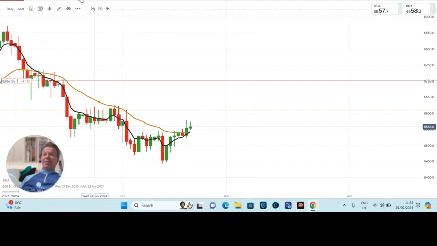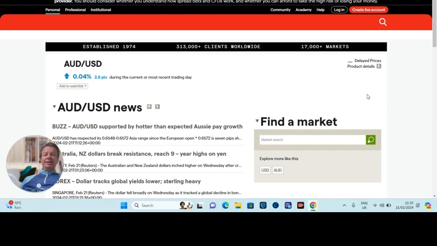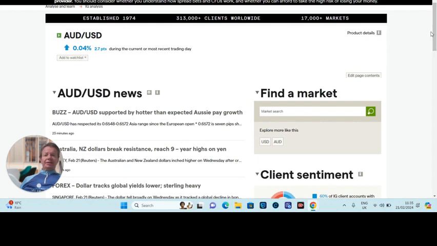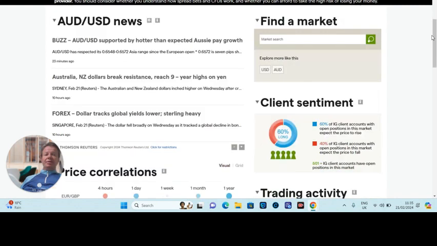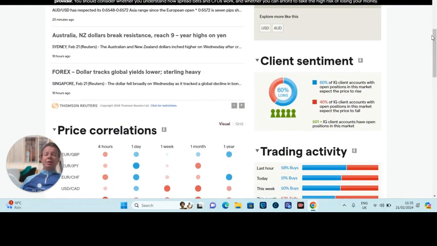There is another indicator I sometimes use. I sometimes look at the market data. So you've probably heard, or if you read it at the top, 69% of retail investors, certainly on this platform, they say lose money. I mean, you can look at the client sentiment. At the moment, it's 60% long. So it's just more in favour.